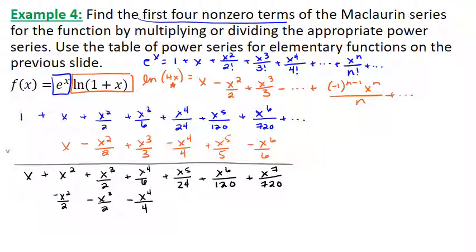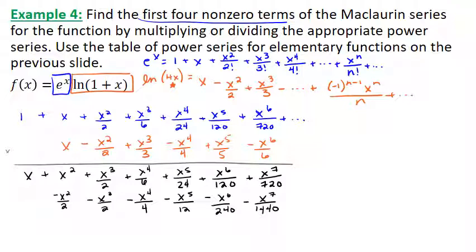Sorry, right here. Then minus x to the 5th over 12 minus x to the 6th over 240 minus x to the 7th over 1440. Okay, so keep on going.